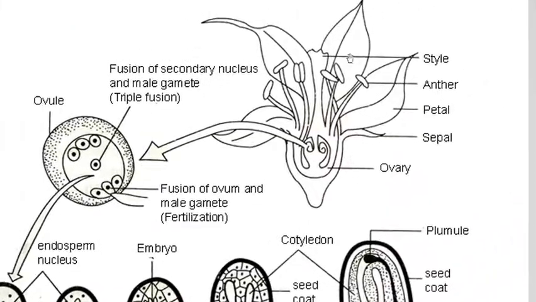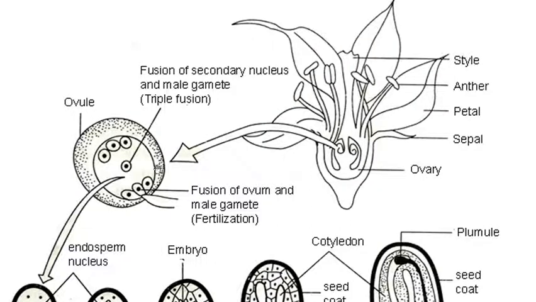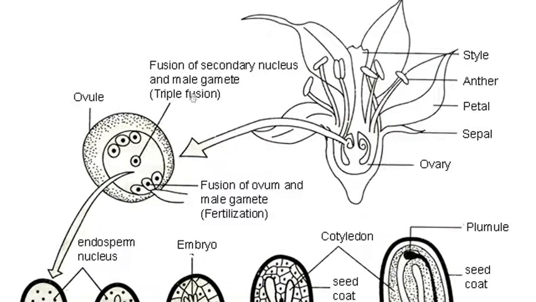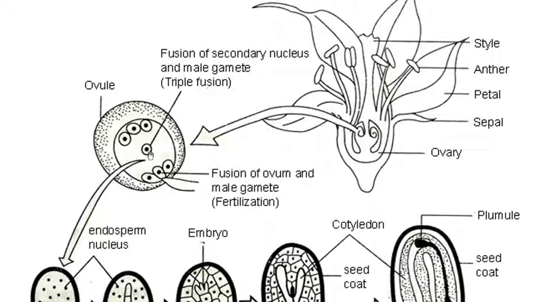So here in a typical flower, inside the ovule, when the secondary nucleus fuses with a male gamete, this phenomenon is called triple fusion, and this process produces endosperm, and when a male gamete fuses with the ovum, that produces the zygote.